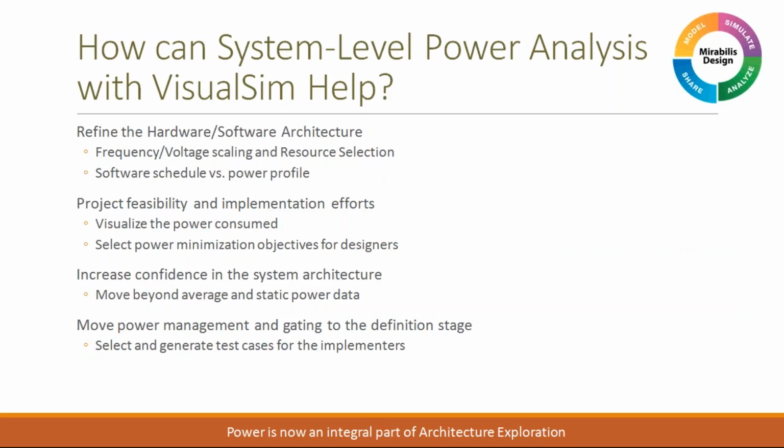In addition to that, you can quickly check the feasibility of your project itself and the implementation efforts required, and you can also visualize the power consumption of the complete system or subsystem level power consumption as well, which is very crucial for implementation level engineers.